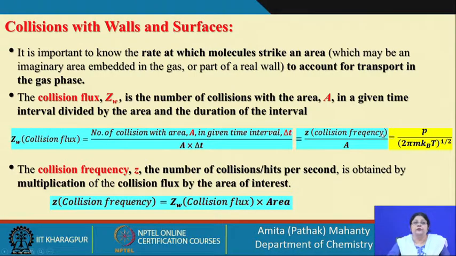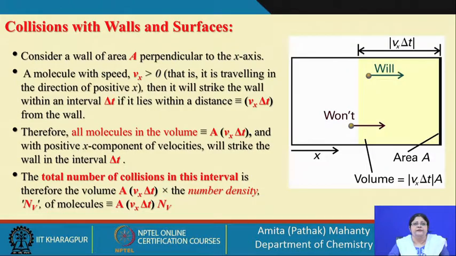Okay. So the collision frequency is nothing but the collision flux multiplied by the area, right. So the number of collisions or hits per second is obtained by multiplying the flux by the area of interest.